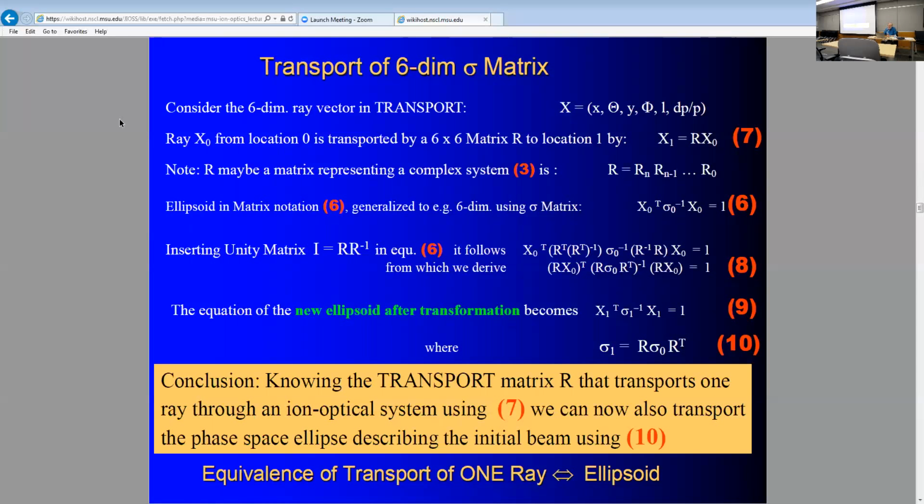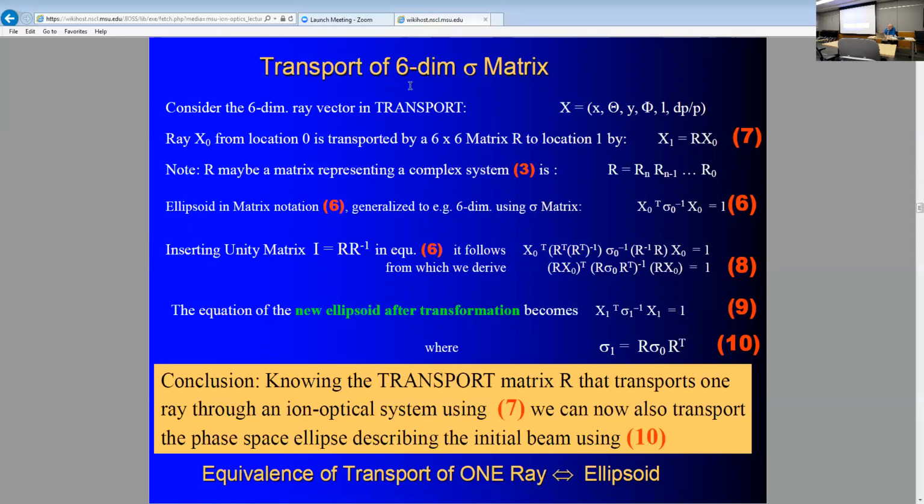Now let's look at the most general case, and let's take a 6-dimensional sigma matrix, and that can be done for any matrix. Then we know already how to transport it from location x0 to x1.